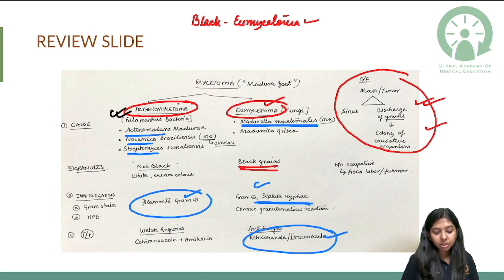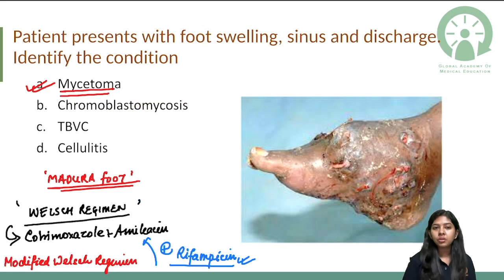Usually it happens after a traumatic inoculation, because both of these are found in soil. They are saprophytes in soil. So it happens after a traumatic inoculation, usually in a field laborer or a farmer who is walking barefoot. Mycetoma is caused by both filamentous bacteria and true fungi.